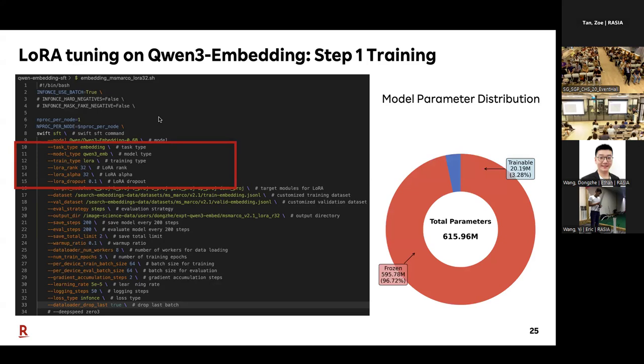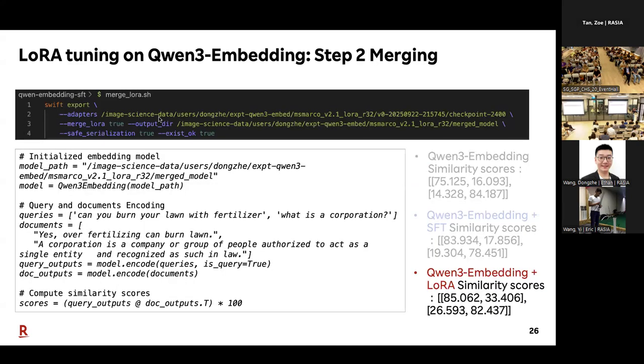If you set your rank R value to be 32 in this case, only around 3.5% or so of the parameters will be trainable. All the parameters in the backend model will be frozen. Okay, so as these two pie charts show, it's very efficient if we only do LoRA tuning, right? Regardless of performance at the moment, right?